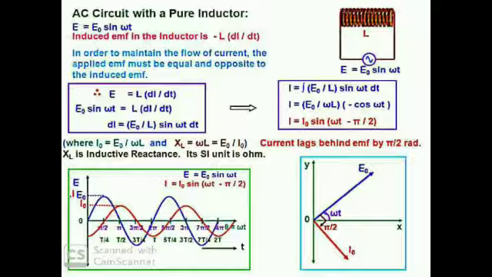Or in other words, you can say that from the graph it is clear that the current in the inductance reaches its maximum value after the applied EMF, that is clearly shown in the graphical representation. You see that this E naught value is reaching the maximum value first, then the current is reaching its maximum value next.